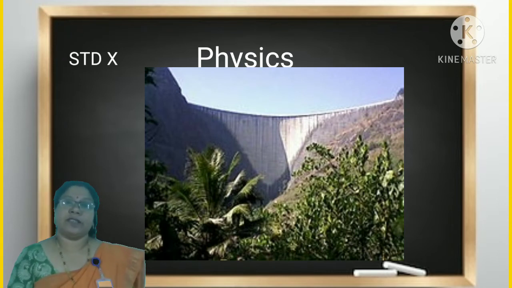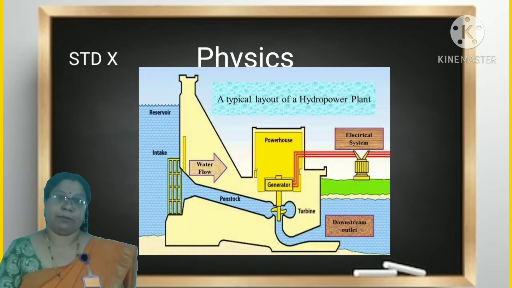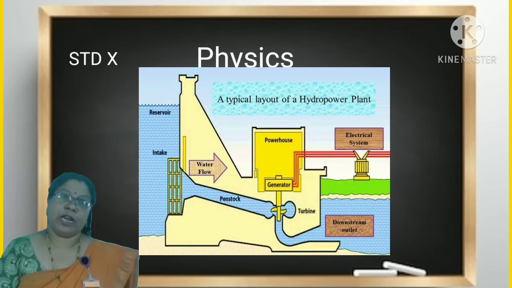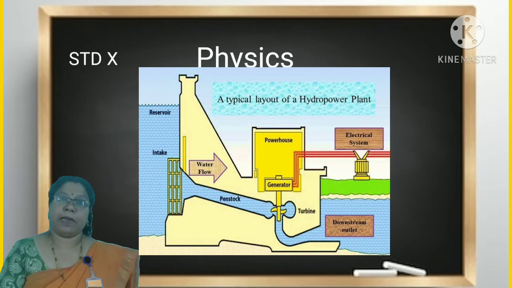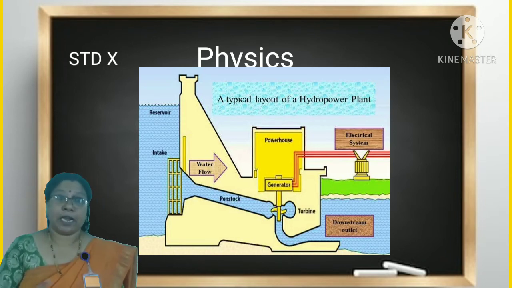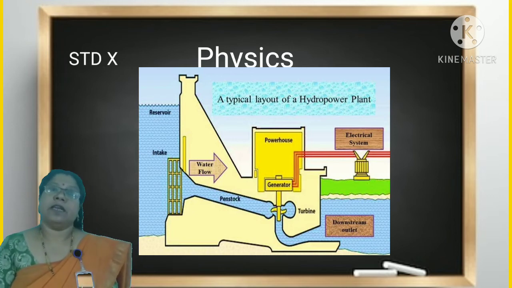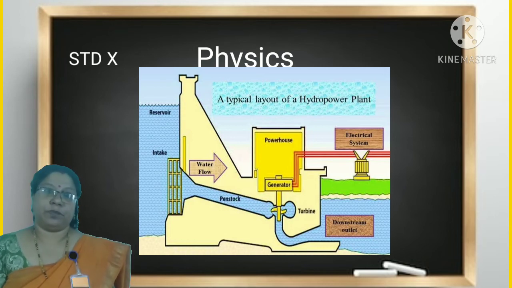Hydroelectric power stations are those in which water is stored in huge dams. The water stored in huge dams is allowed to fall through long penstock pipes onto a turbine. The turbine rotates, thereby rotating the parts of the generator, creating the principle of electromagnetic induction.